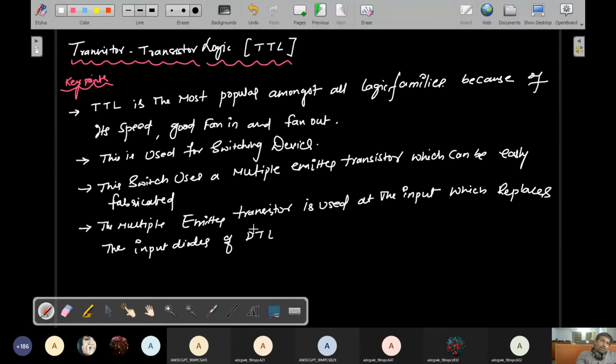Because in the previous case we used a number of diodes, but in this circuit diagram I just use a number of inputs connected to the emitter terminal of the transistor. So we replace the diodes with one transistor whose emitter terminal connects to multiple inputs. That is how it is overcome.